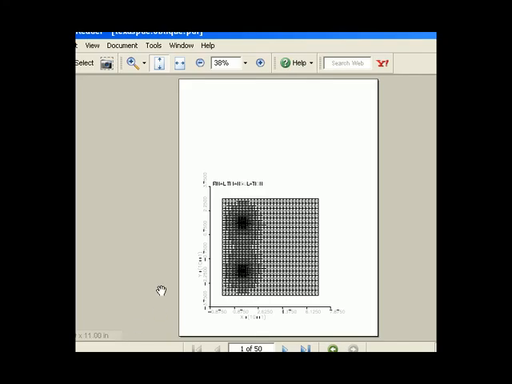And this shows some of the triangulations. This is the beginning of the oblique solver. Remember, there were the two peaks, and PD2D automatically refines the triangulation around the peaks. And the triangulation moves with the peaks.